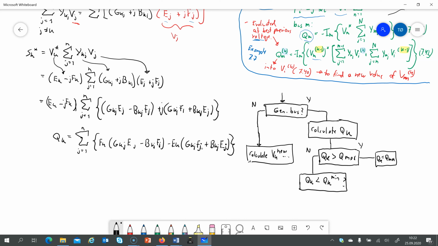And if that is yes, then we put Q_K equal Q_K min, like this.